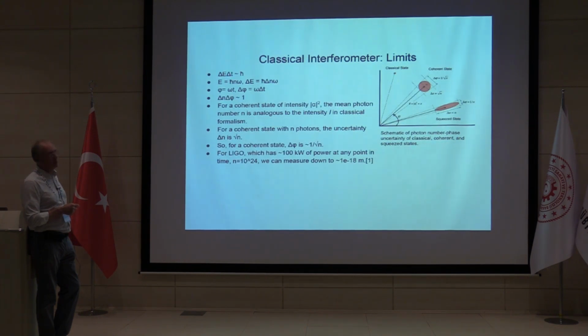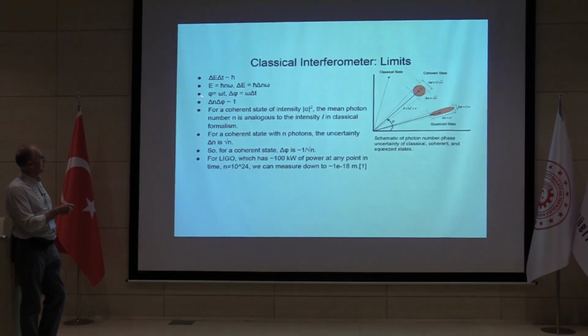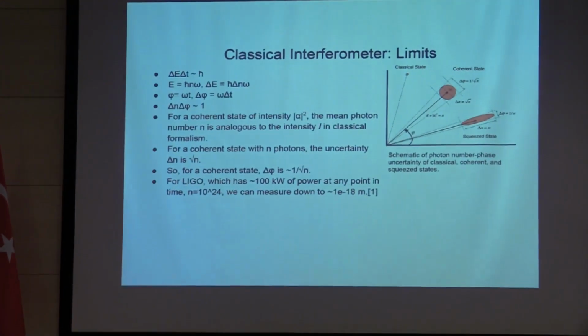The energy E is h omega times n, where n is the number of photons, then delta E is h delta n omega. Phase shift phi is omega times t, delta phi is omega delta t. So you put it all together, delta n times delta phi is about 1. So this and this, it's basically the same thing.